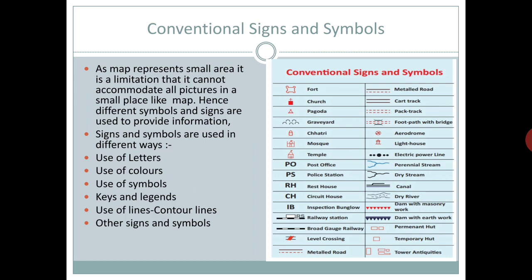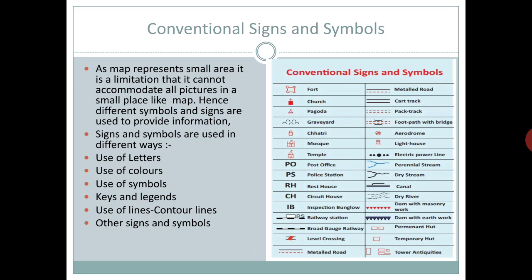Usually we assume that if it is drawn with blue color, then it is associated with water bodies, like yellow with cultivable land, green with jungle forest, and white is uncultivable land. Different colors have been used to identify different types of land.